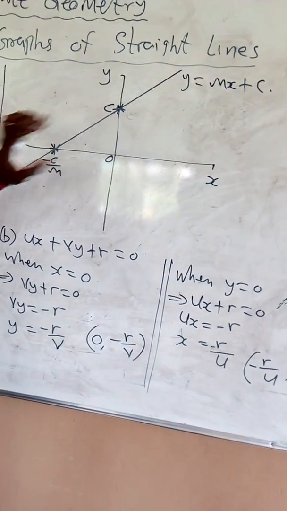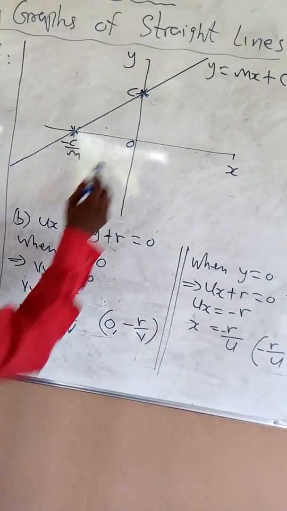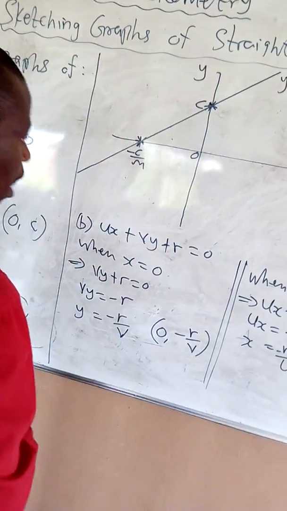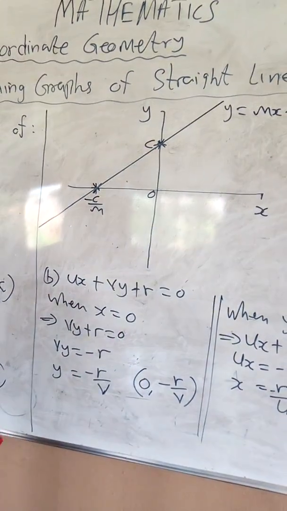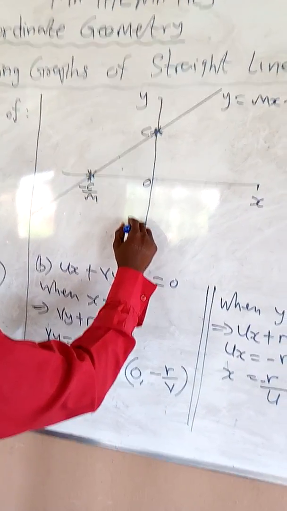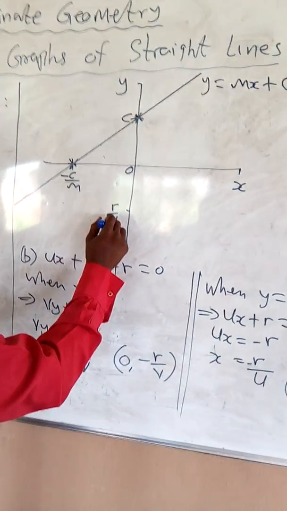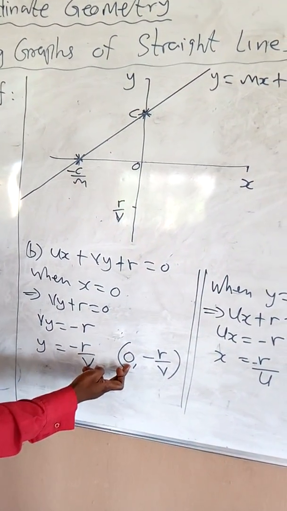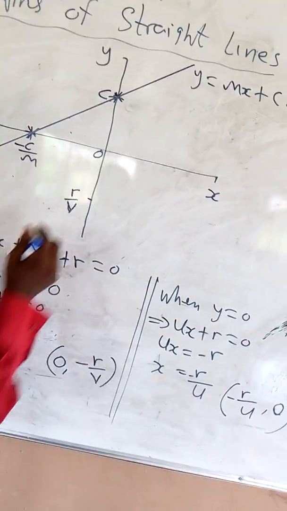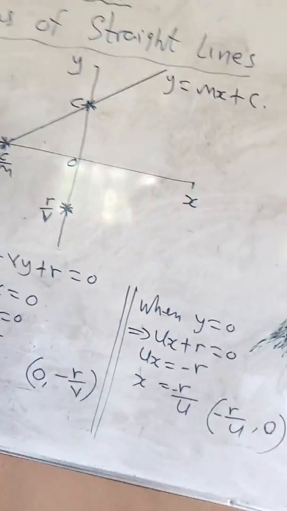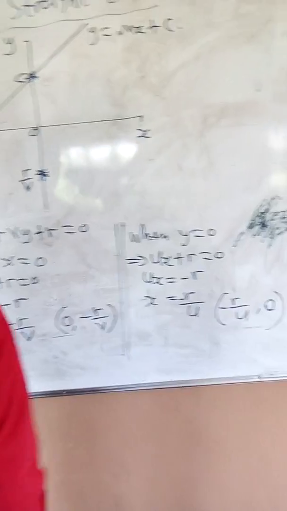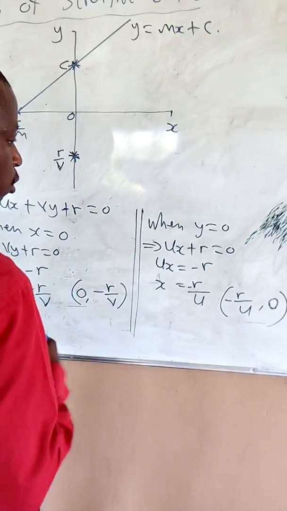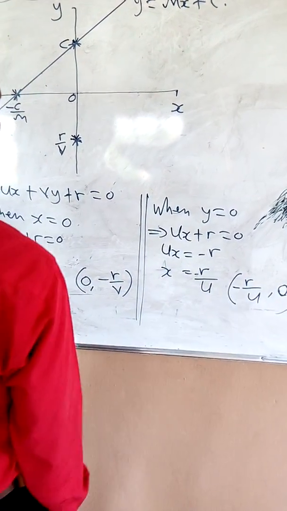Now we transfer these two coordinates to the Cartesian plane, the graph now. So we say when x is 0, y is minus r over v. Since y falls on the negative side, we come to the negative side of the y-axis and we have minus r over v. So when x is 0, y is minus r over v, and we have the point here. At the same time, when x is minus r over u, we have the corresponding value of y to be 0.